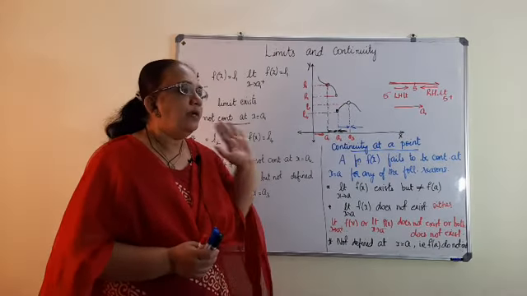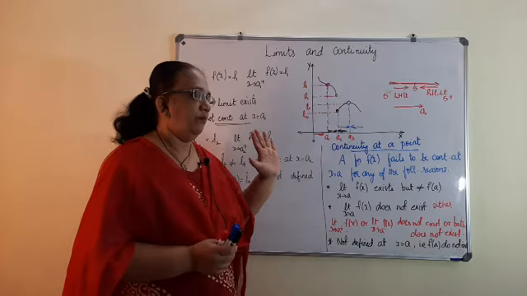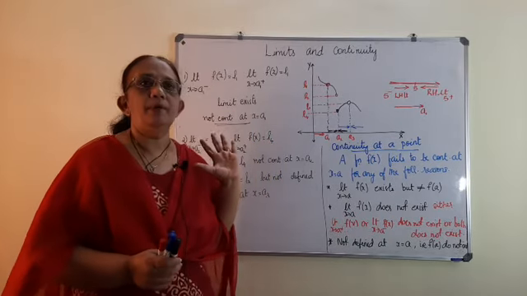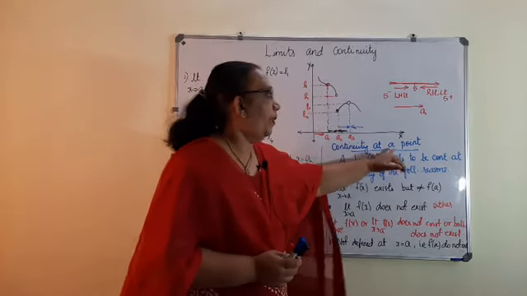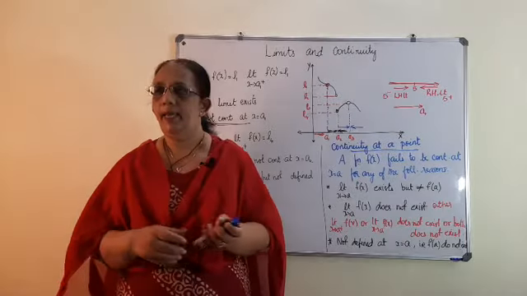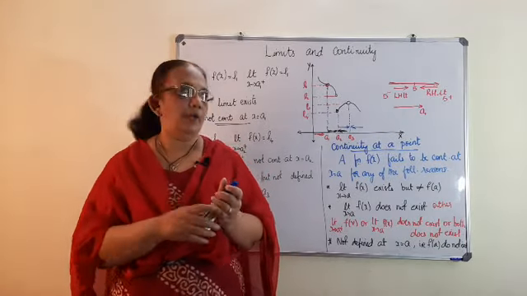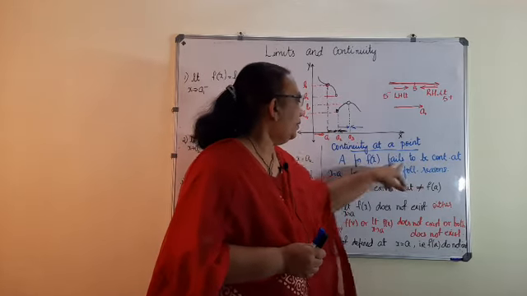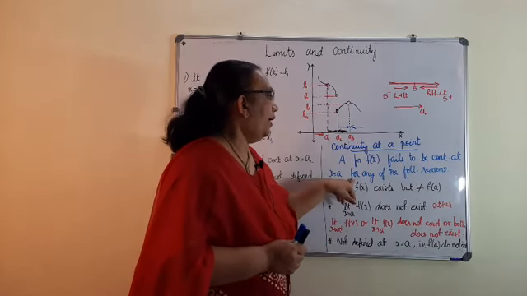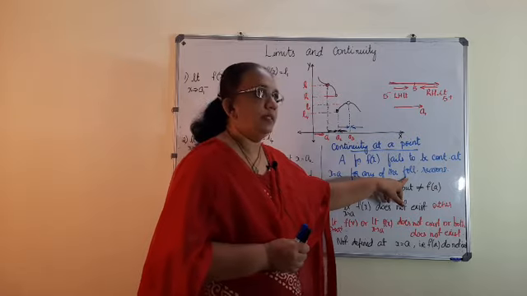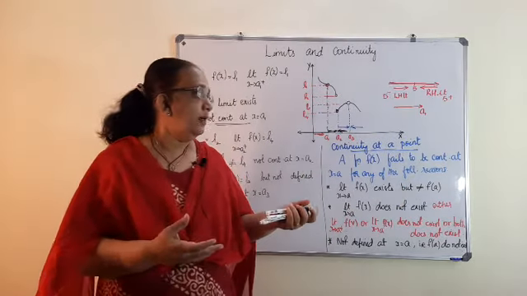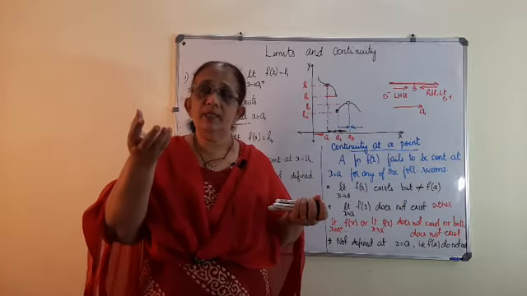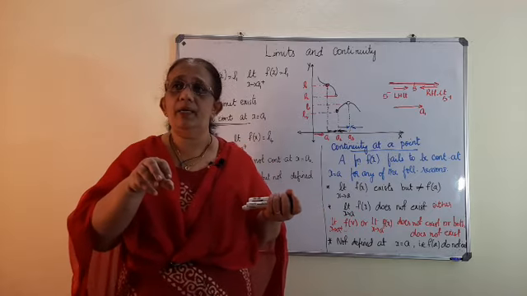So for the continuity, what are the properties you should remember? Continuity at a point. How can you say a function is continuous at a point? A function f of x fails to be continuous at x is equal to a for any of the following reasons. So we are discussing here when you can say that the function is not continuous at a particular point.